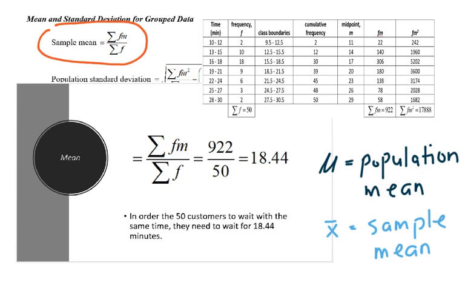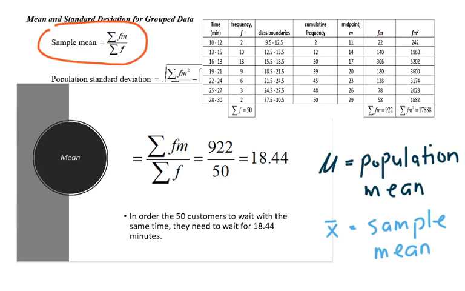You can find this formula in your formula booklet on the first page. Look for the mean and standard deviation for grouped data, and you can find the sample mean formula, which is the total of Fm divided by the total of F. Where can you find these values?